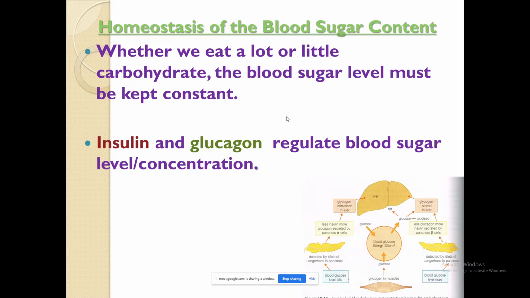So the insulin and glucagon regulate blood sugar level, and that is the concentration. These two terms, insulin and glucagon, are two hormones that are produced by the pancreas. These two hormones work together, meaning that they regulate or control the amount of sugar circulating in the blood. Now, insulin, a lot of persons should be familiar with the term.